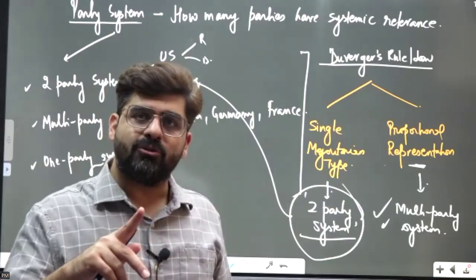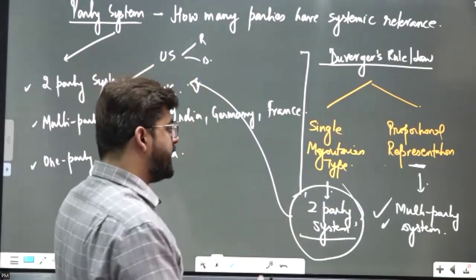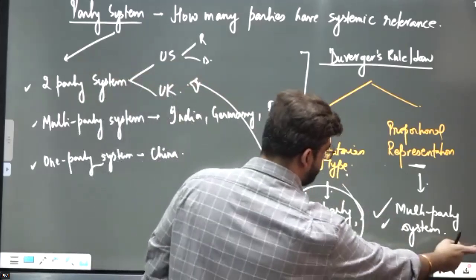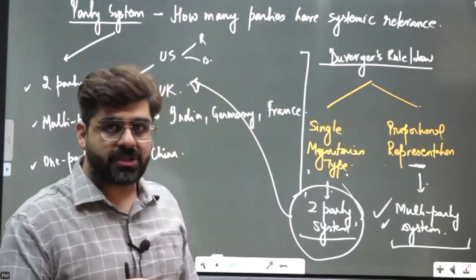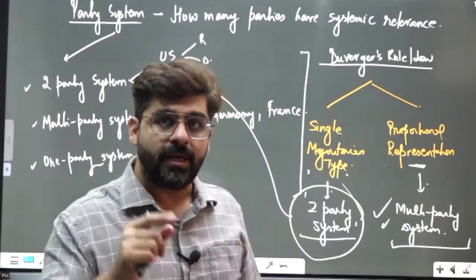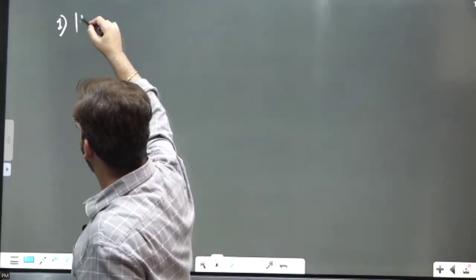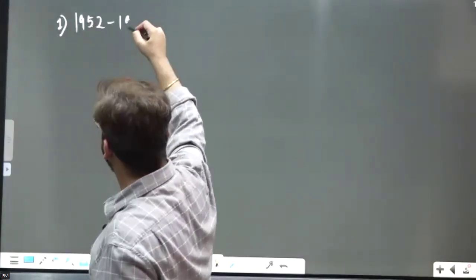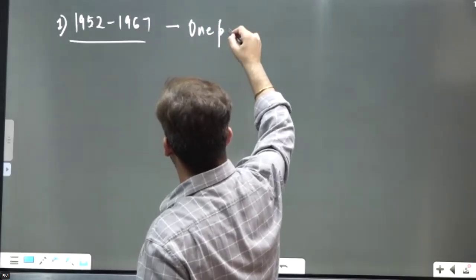Now we are not fitting in the framework of Duverger because despite adopting this, we have created something called a multi-party system. But make no mistake, this multi-party system in India has emerged only after a certain period of time. Initially, what was there in India? Initially, we had a very unique system, that from 1952 to 1967, we had a one-party dominant system.